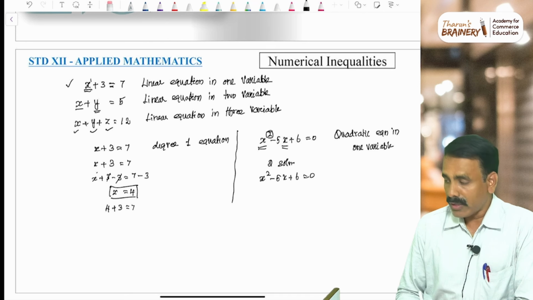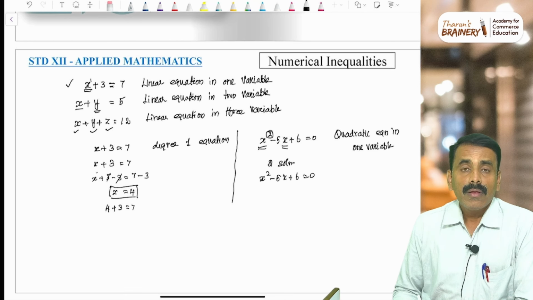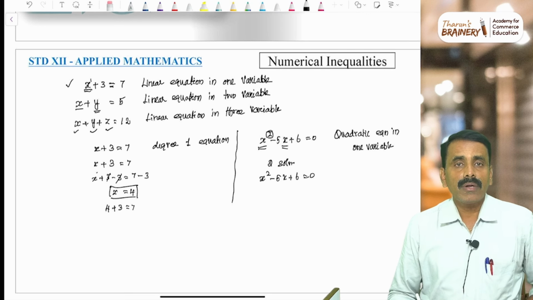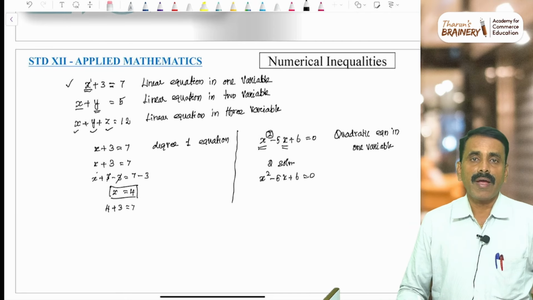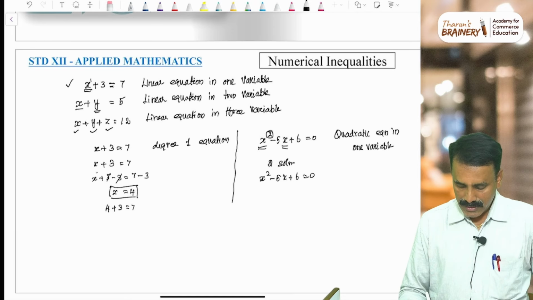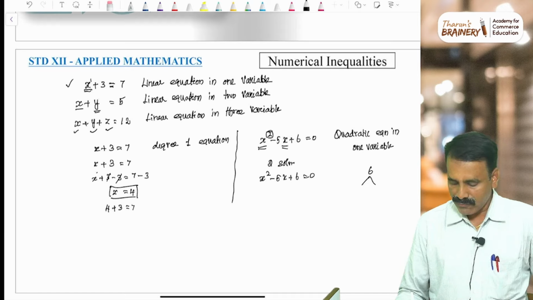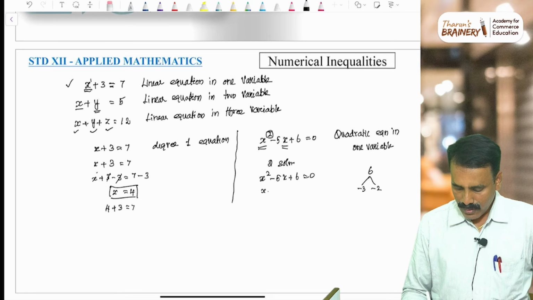How to find the solution for a quadratic equation? We find the solution by the factorization method. On multiplication we should get 6, on addition we should get minus 5. So we take minus 3 and minus 2. So x minus 3 times x minus 2 equals 0. So x is equal to 3, x is equal to 2.